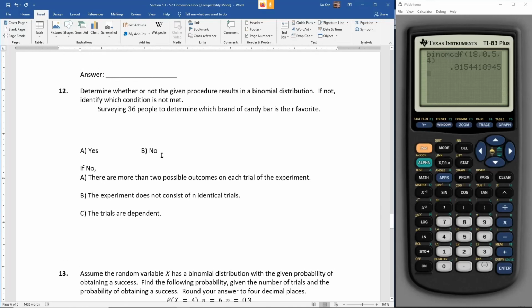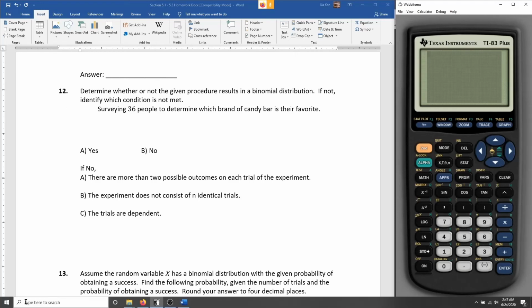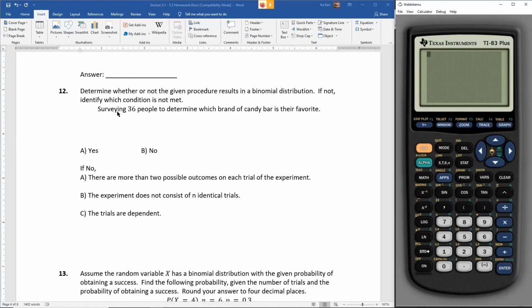So for number 12, determine whether or not the given procedure results in a binomial distribution. Basically, they give you a question, an experiment, and you just want to see if it's a binomial. It has to meet those three credentials, right? Survey 36 people to determine which brand of candy bar is their favorite. This is an easy no. Why is it an easy no?